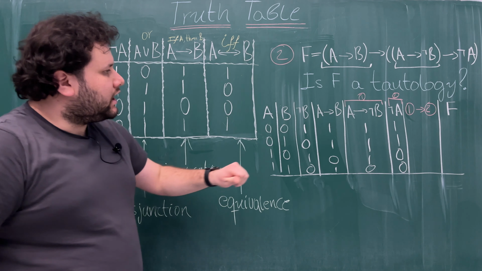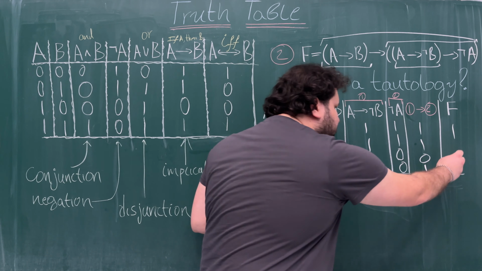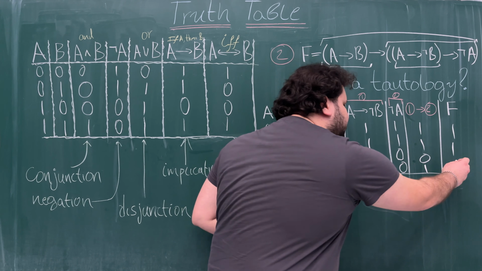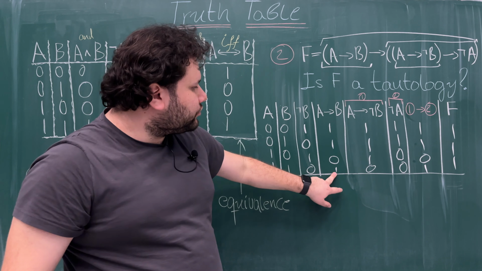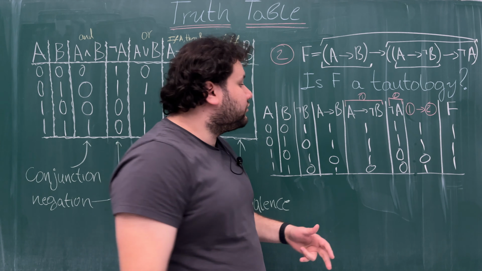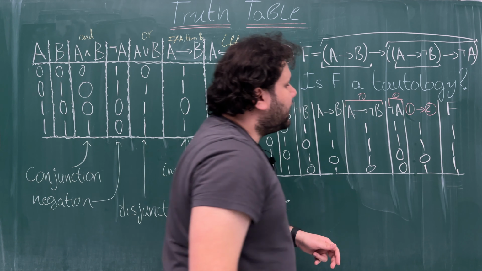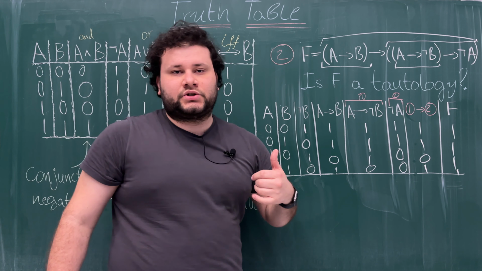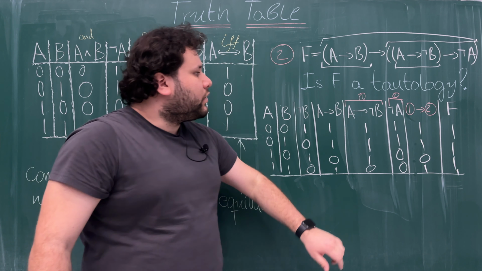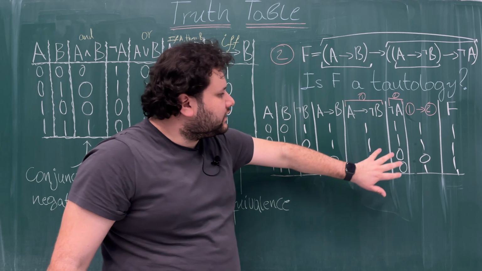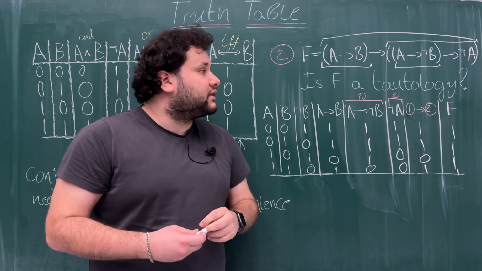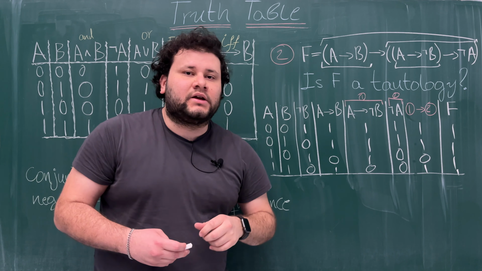We have true implies true, again true. We have false implies false, so this is true. And we have true implies true, so this is also true. As you can see here, for all the possible combinations of these true values, the statement is always true. So this means that the statement F is a tautology.